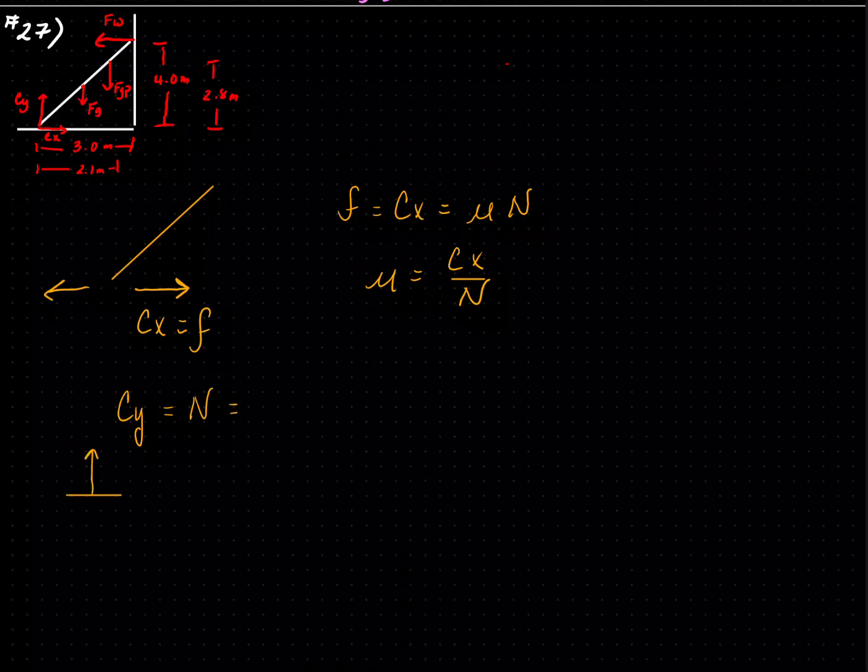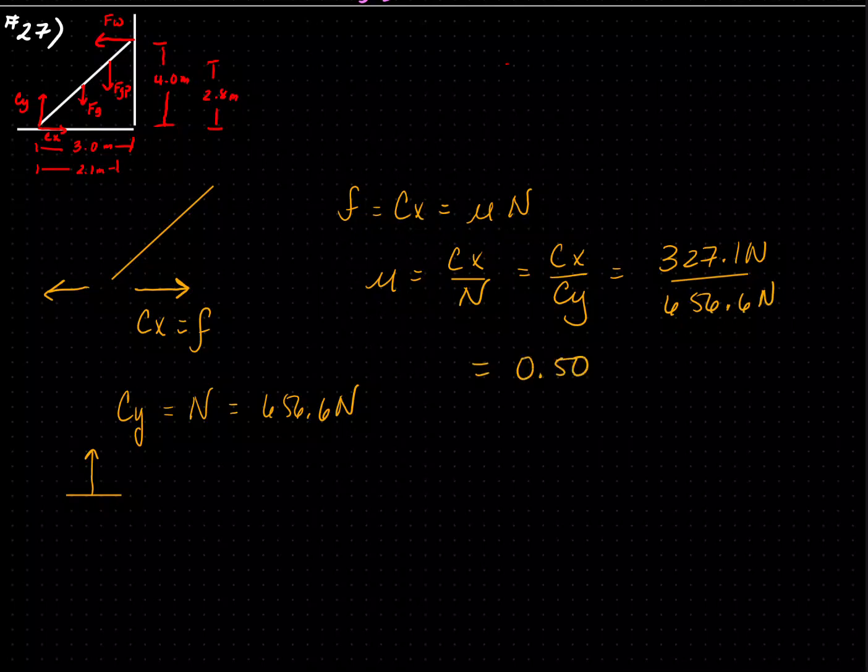So we said Cy is equal to 656.6 newtons. If I plug this in, this becomes Cx over Cy. Cx we found as 327.1 newtons divided by 656.6 newtons. So my coefficient of friction becomes 0.50, and the coefficient is a ratio, so it's unitless.